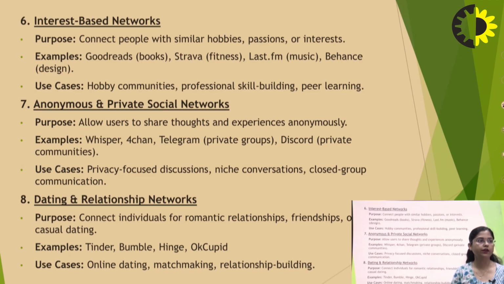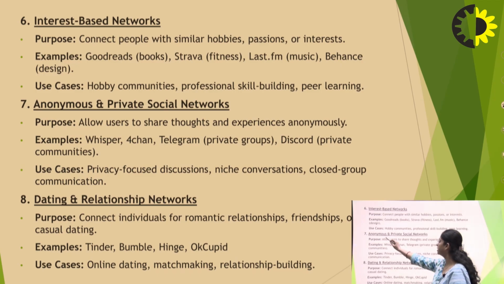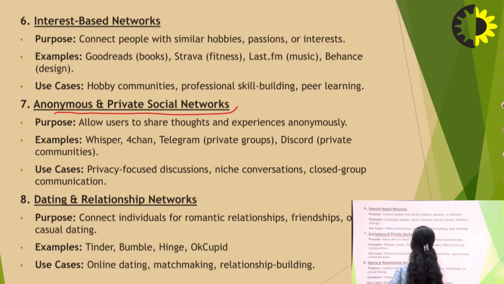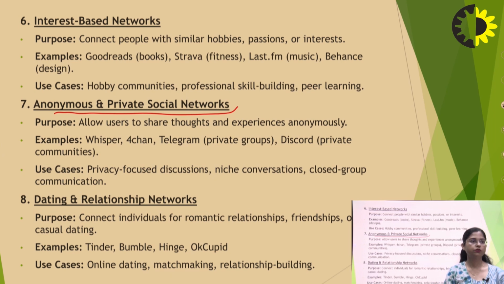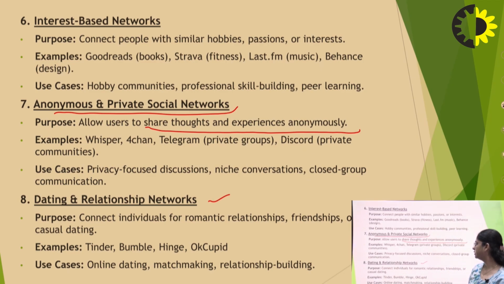Next is anonymous and private social networks, which allow users to share their thoughts and experiences anonymously. Next is the dating and relationship network, where individuals connect for different relationships, friendships, or casual dating.